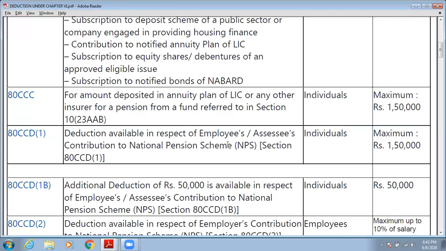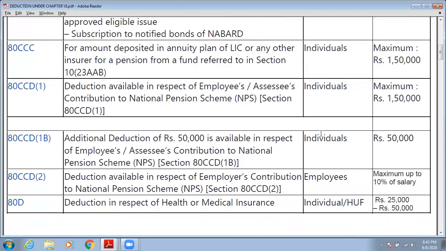If any employee contributes any amount under the National Pension Scheme, then in that case section 80CCD(1) deduction will be allowed. What will be the quantum of deduction? The deduction amount will be a maximum of 1,50,000. Okay, and to whom will this deduction be allowed? To individuals, this deduction will be allowed.